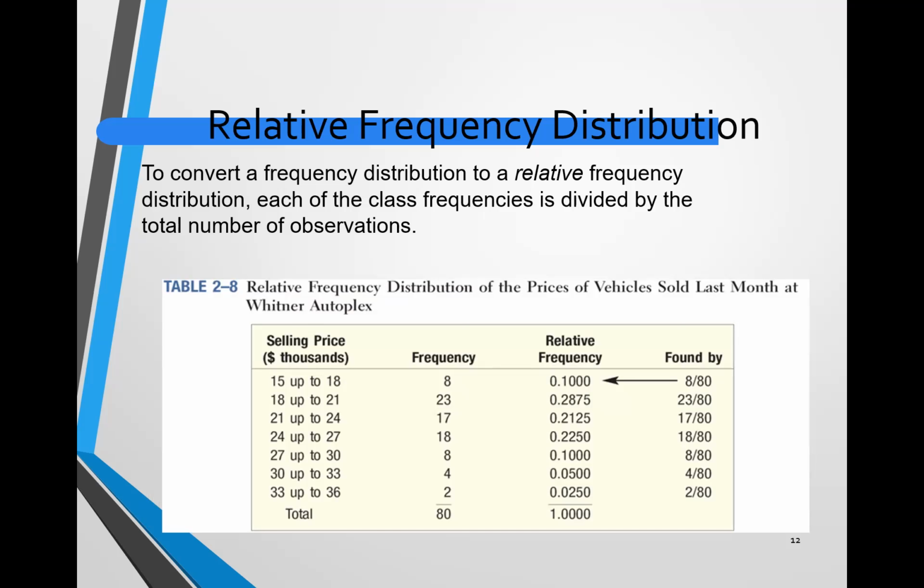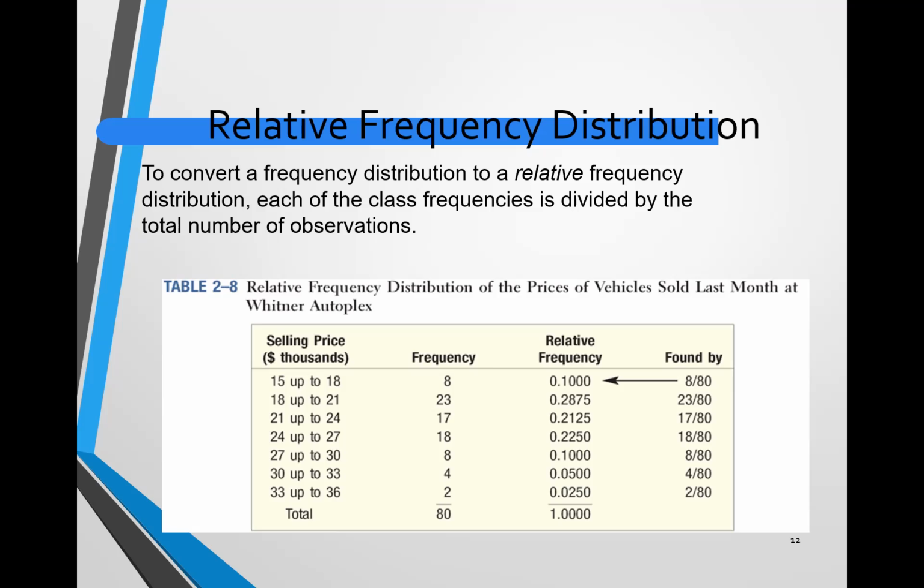For example, if we want to find out the relative frequency of first class, what does relative frequency tell us? Relative frequency tells us the proportion of each group or class in the total distribution. So 8 divided by 80 would be 10%, 0.10.